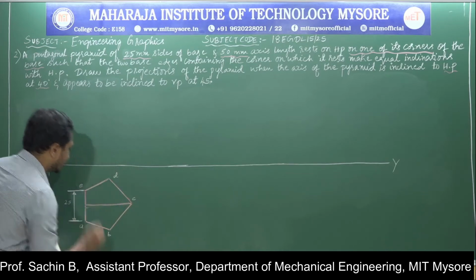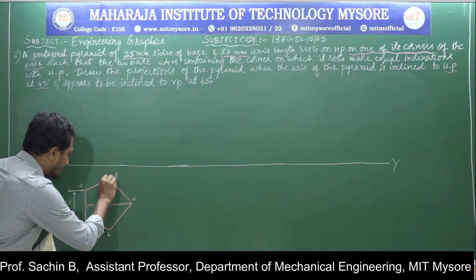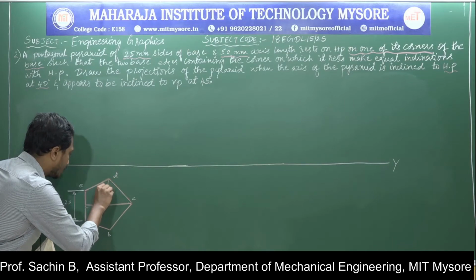I am drawing a thin line to find out the midpoint of the pentagon. Again, from point D to the midpoint of the AB edge, I am drawing a thin line.